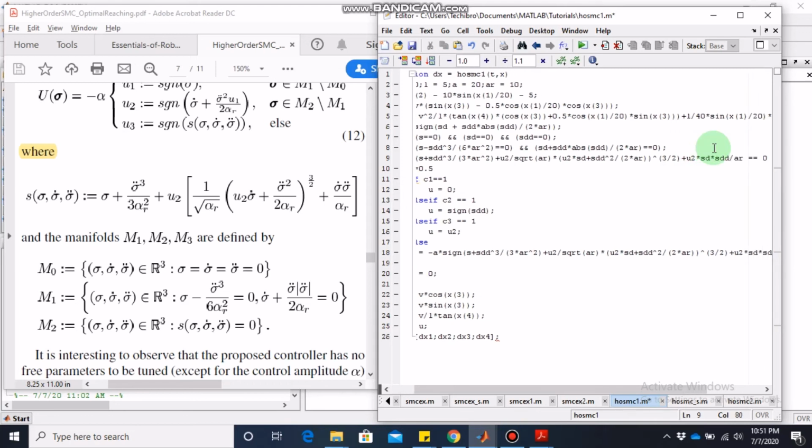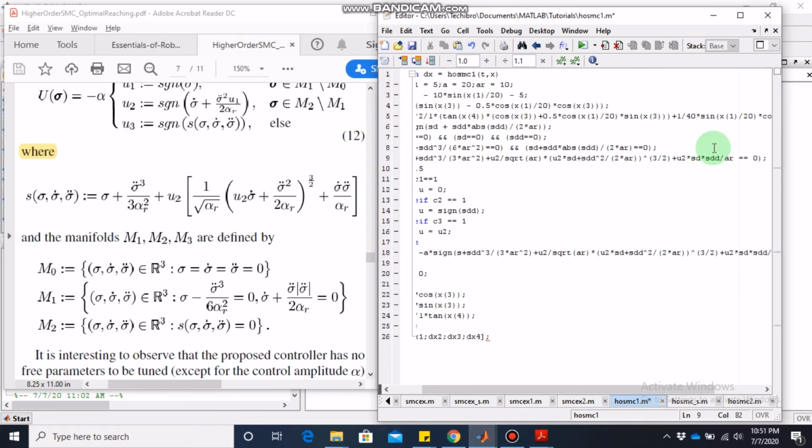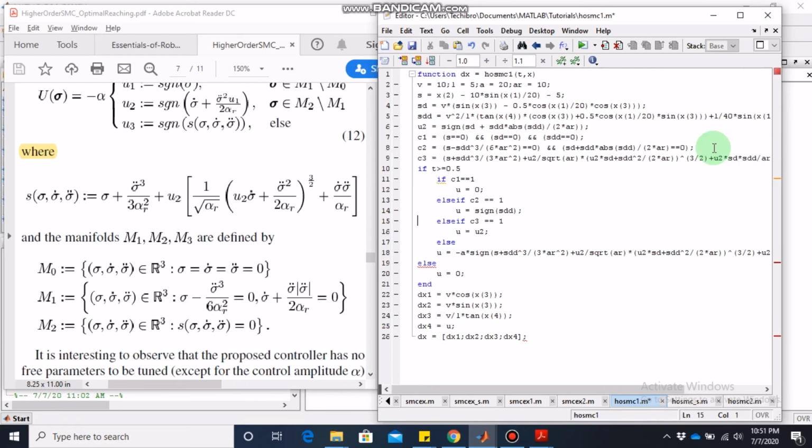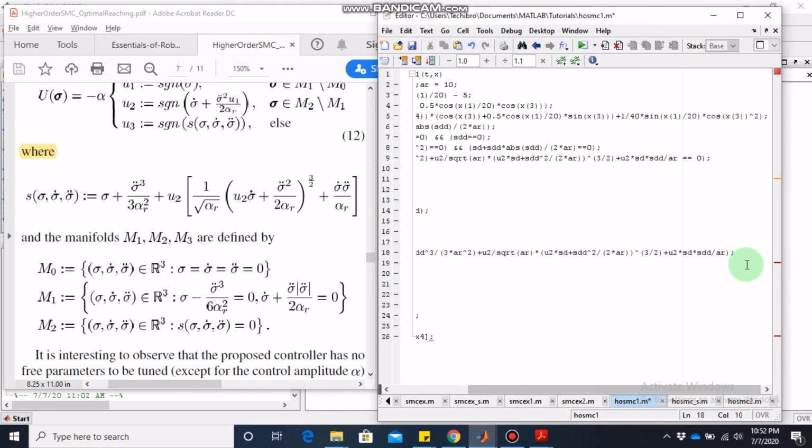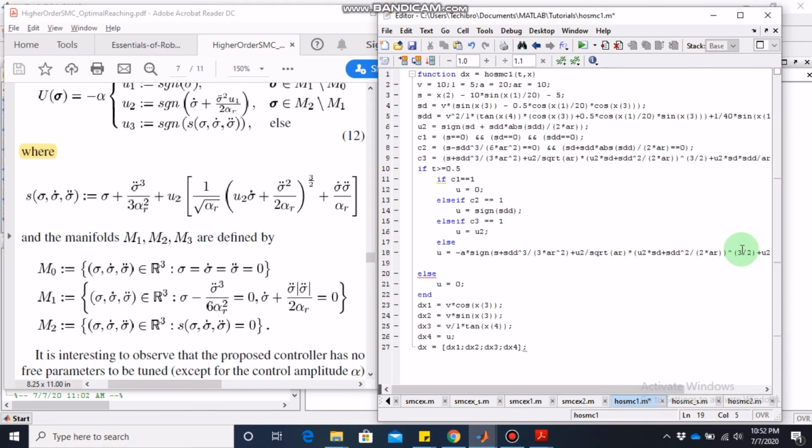Whenever C3 is satisfied, then u will be equal to u2, else u will be this sign. Then we have to end this if statement, so we press enter here and write down end.